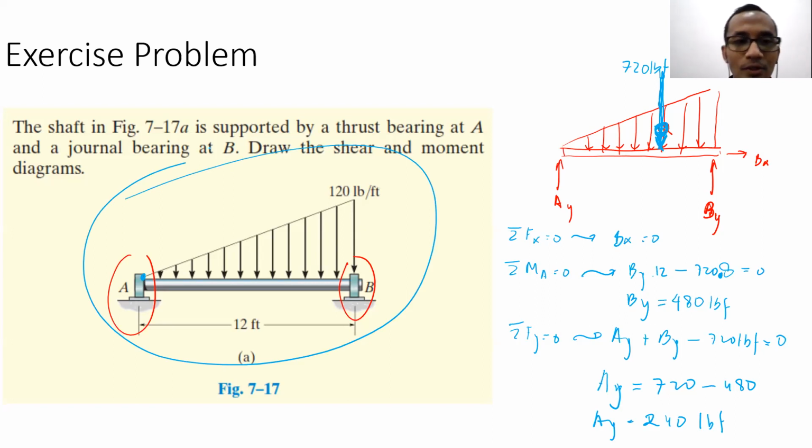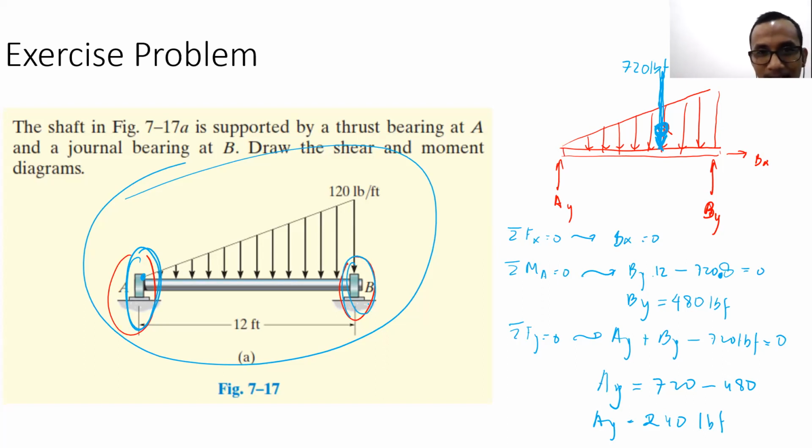So there is no discontinuity except at A and at B, because at A there is AY and at B there is BY. So where are we supposed to put the section? Just cut it after A and before B. So how many sections?